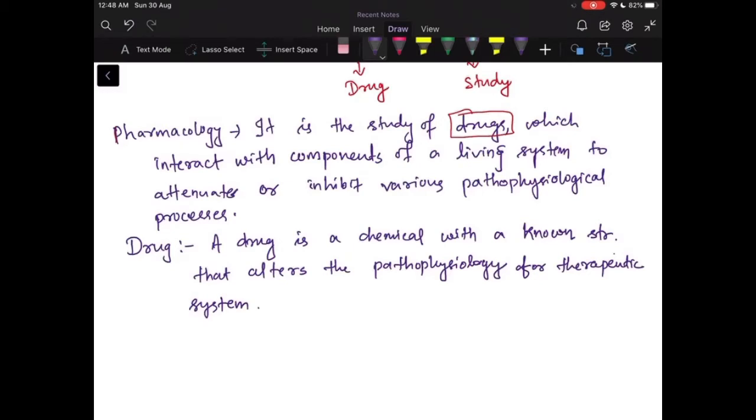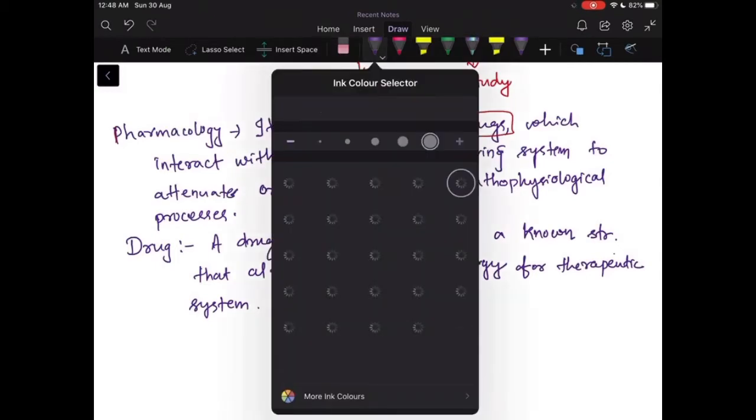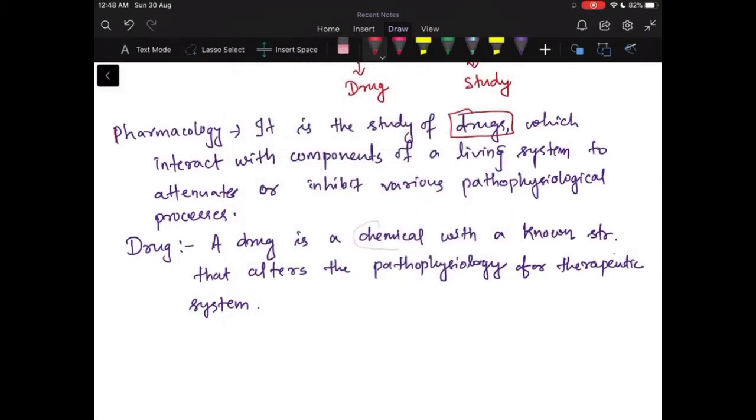Okay, let us figure out some words. One is chemical, another one is pathophysiology, and the third one is therapeutic system.